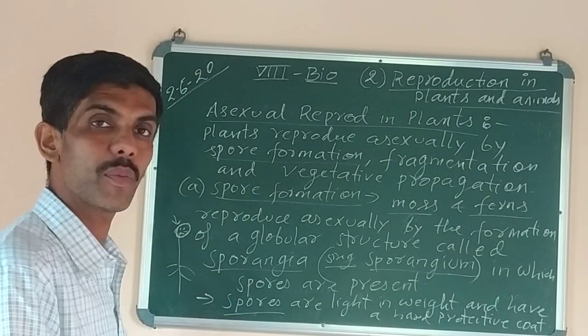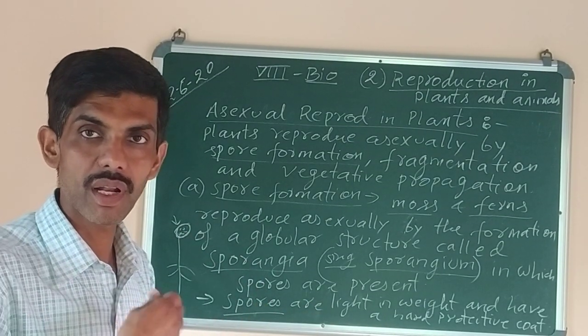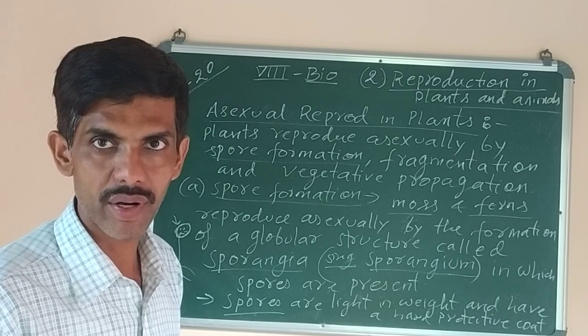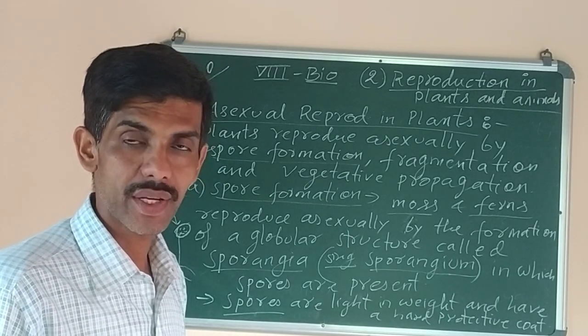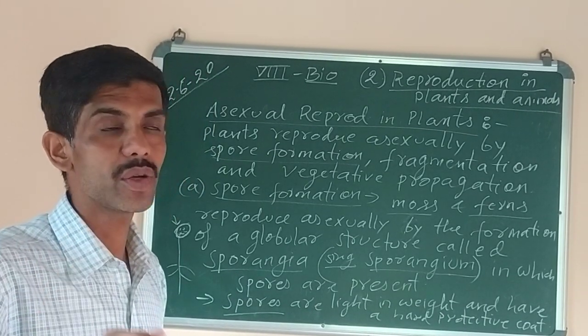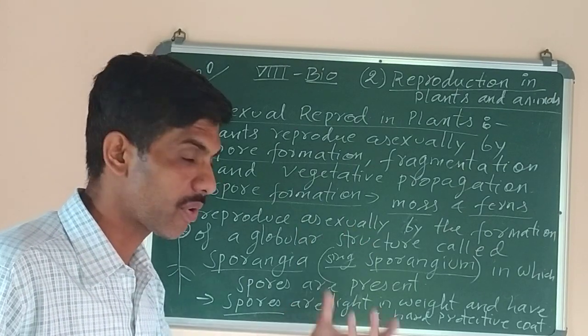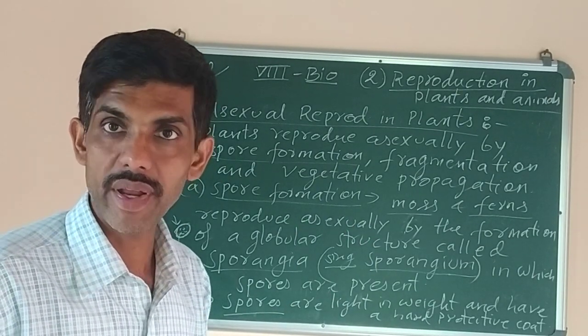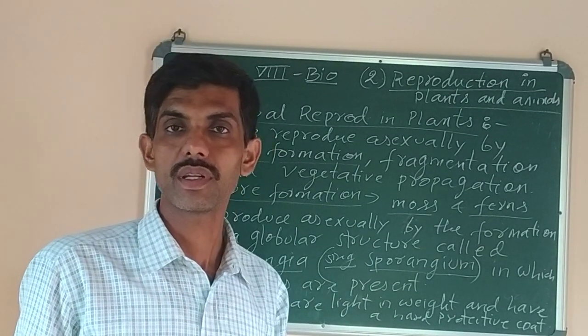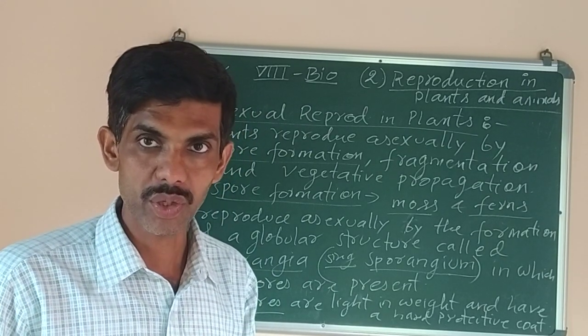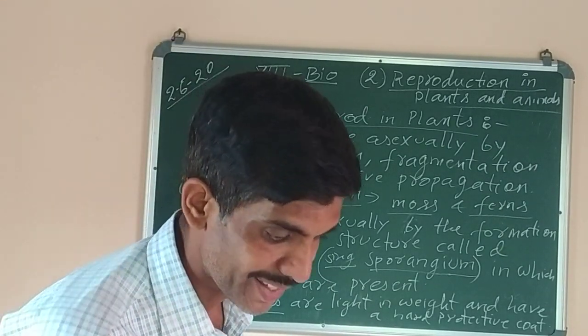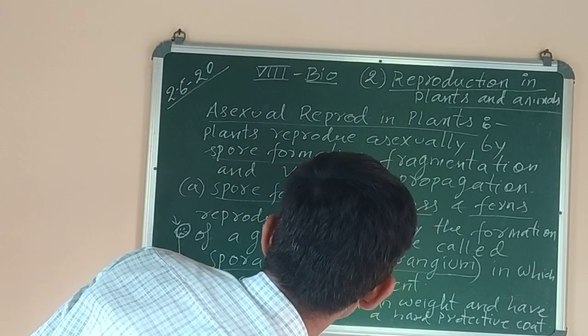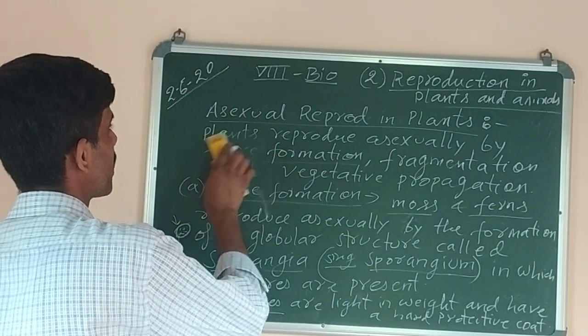And when the sporangium is mature and it bursts, it releases the spores into the air. Being light in weight, they are carried away by the wind to all the places, and when they fall on favorable place where they get all the conditions for germination, they start germinating to grow into a new plant. So now next we have to study is fragmentation. Okay, first one is spore formation completed.